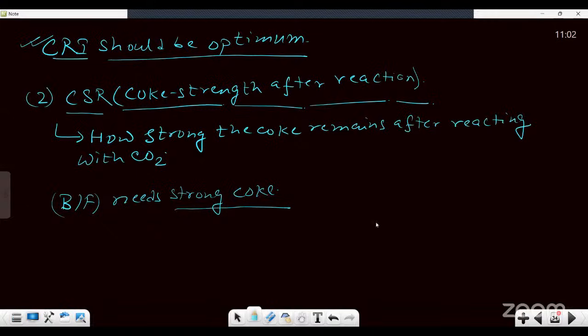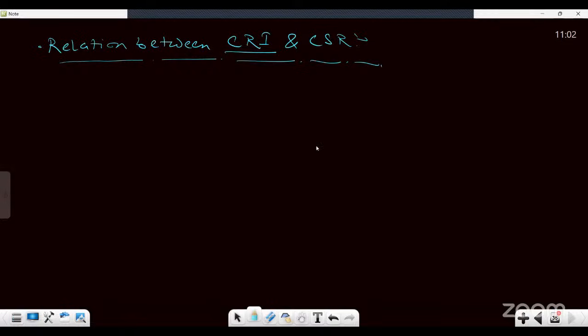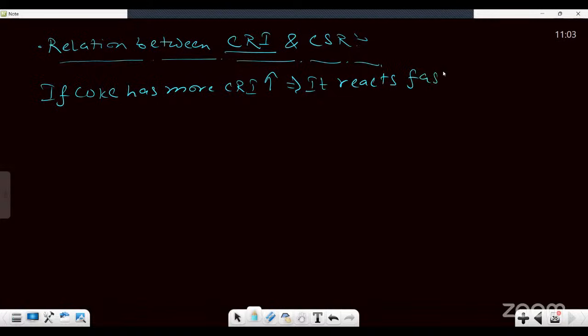So blast furnace needs strong coke. But if the CRI is more, then what is going to happen? If coke has a higher coke reactivity index, then it reacts fast, weakens the structure, and ultimately the coke strength after reaction decreases.